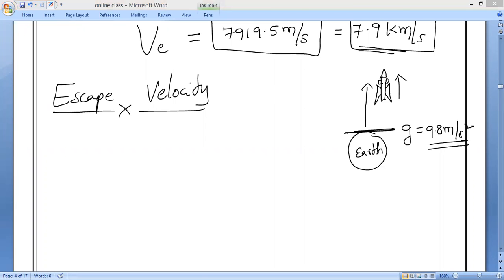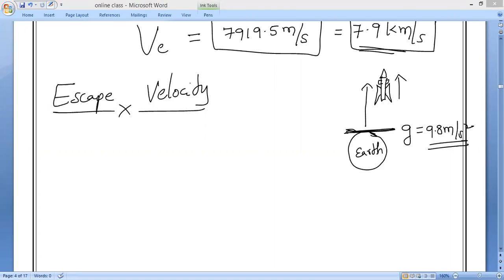Right, the definition. Escape velocity: the velocity required for a body to escape into space from the Earth's surface. That is what the diagram I have drawn also shows. From Earth surface, in brackets you can write Earth gravity.